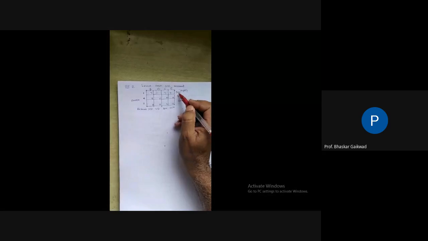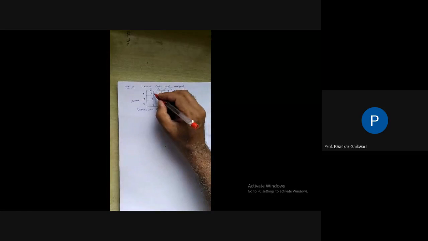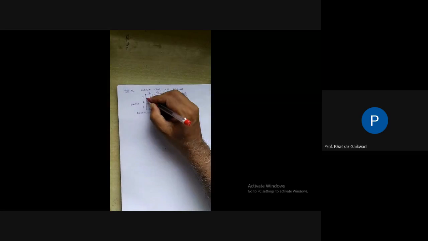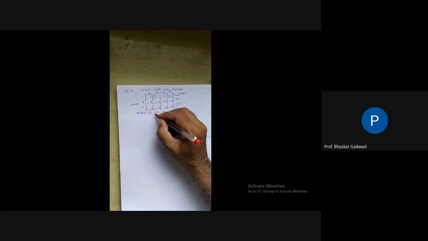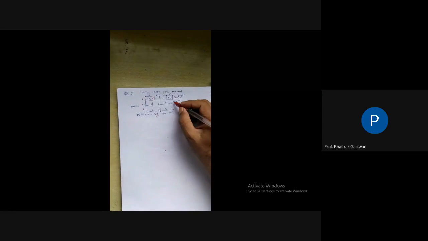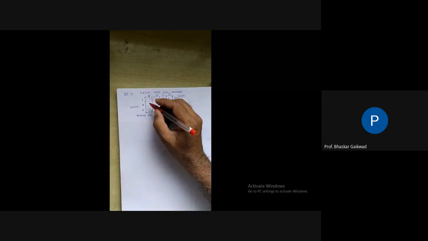Out of this, the minimum is 300. You can write here 300. Now this is 0. Now you can cancel all this row, correct? And here it is 50. Now you have to go to the next row. In this next row, the minimum is 2.